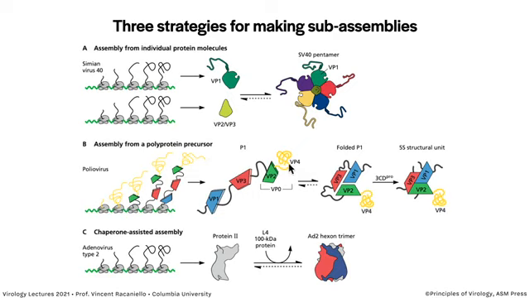And they're initially translated as a long precursor, and then it folds into the structure that it's going to look like in the virus particle. And then the viral protease, which is produced separately, comes in and cleaves these loops. And this 5S structural unit is the structural unit that comes together to form the virus particle. 5 of those make a pentamer, for example.